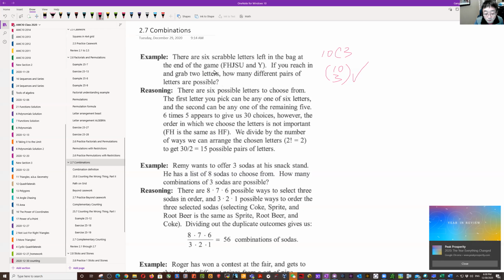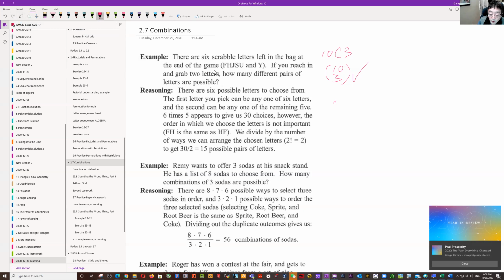In this case, we still treat it as if there's no repetition.